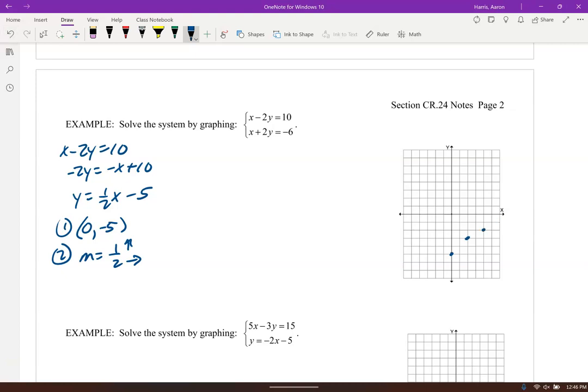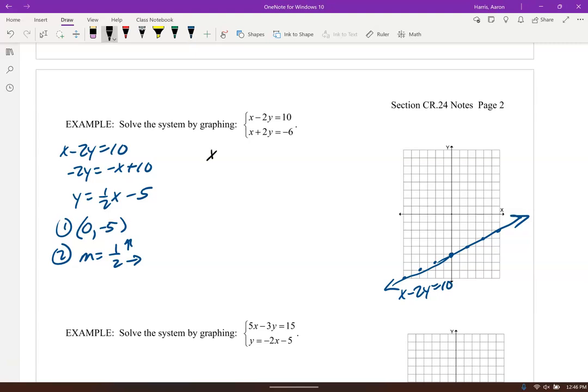Oops, I did that wrong. Sorry. (0, -5). Let me try that again. Up 1, right 2. Had a wrong slope there. Up 1, right 2. There we go. Or you go down 1, left 2. Same thing.